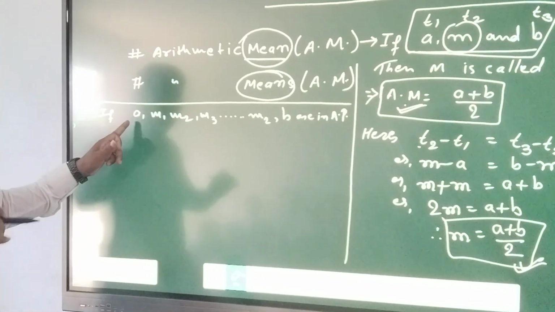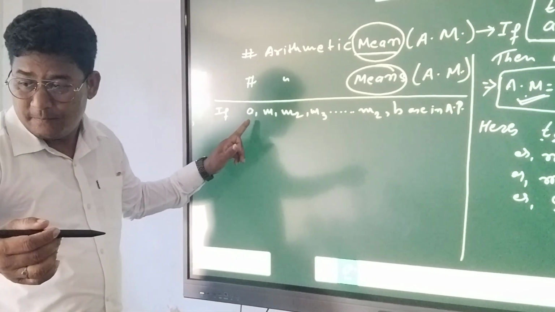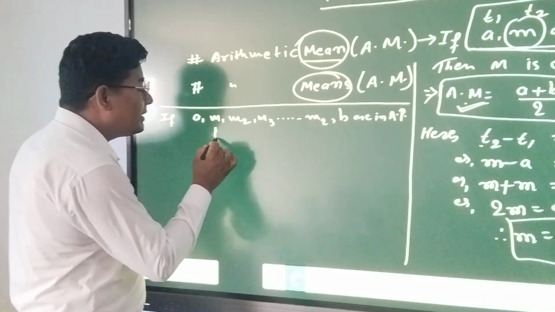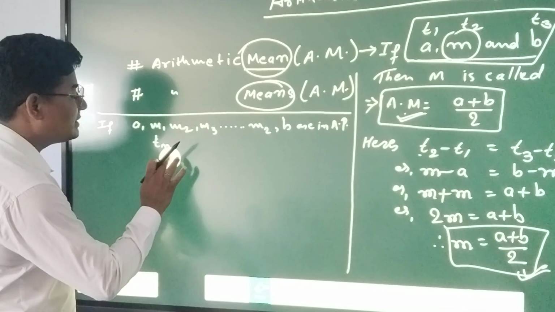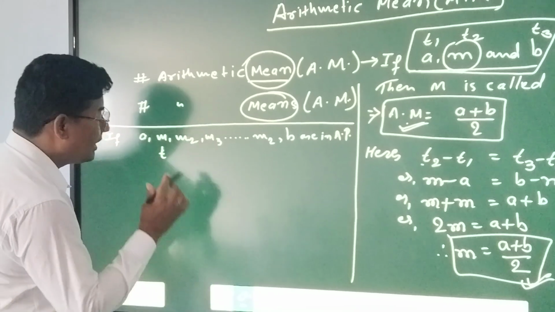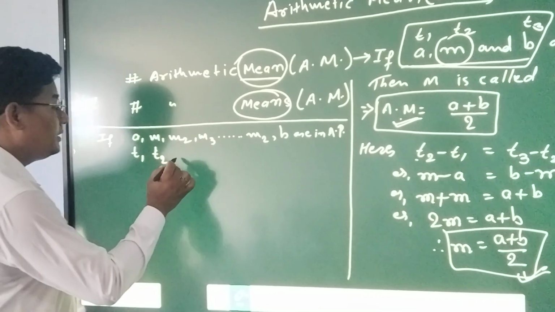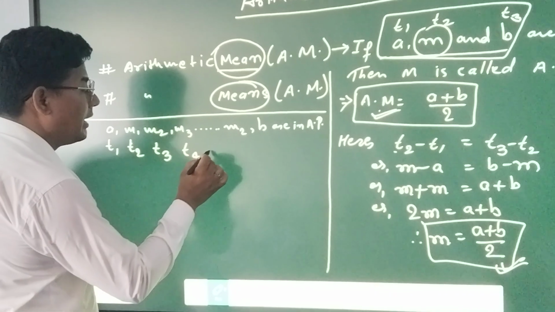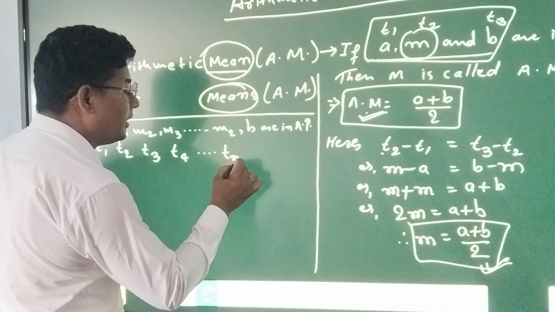A is known as T1, the second term T2 is M1, then the third term, the fourth term, and so on.